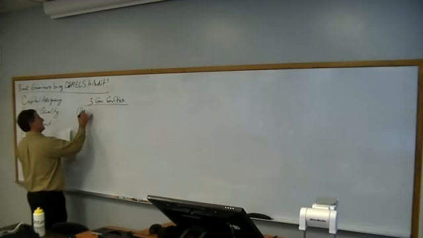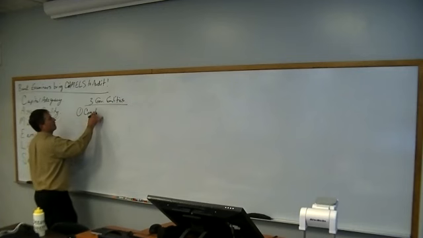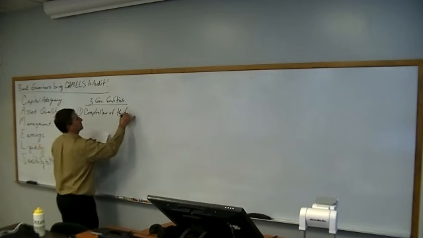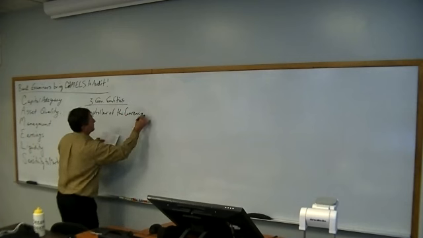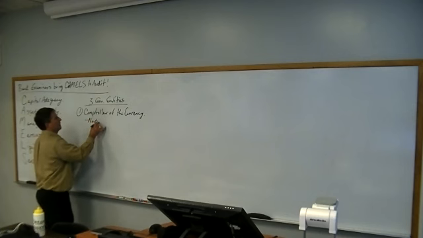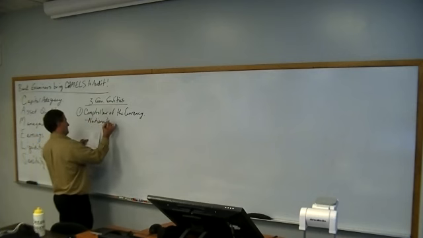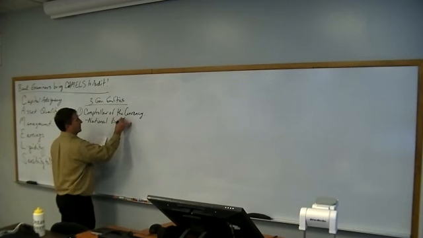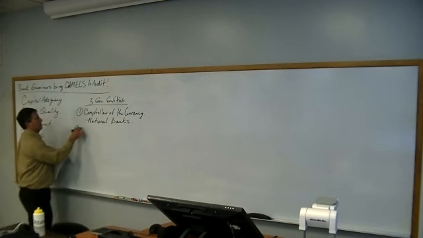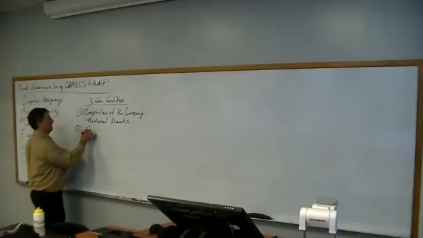Number 1 is the Comptroller of the Currency. They are the ones who audit and monitor national banks. Number 2 is the Fed.